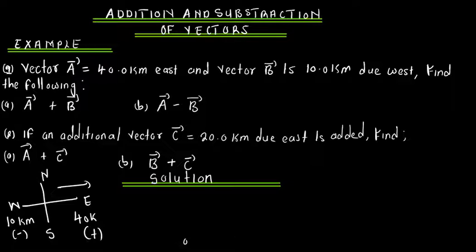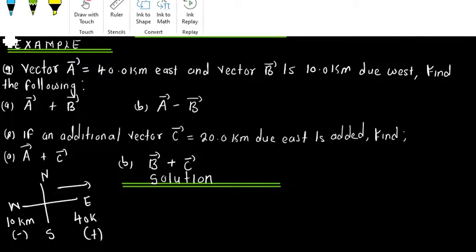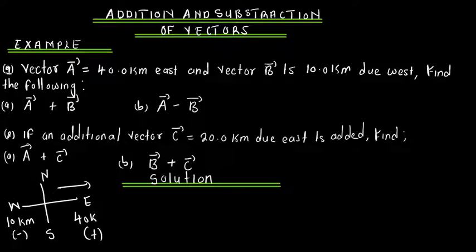Now, A is simply positive 40 due east, plus C is simply 20 east.